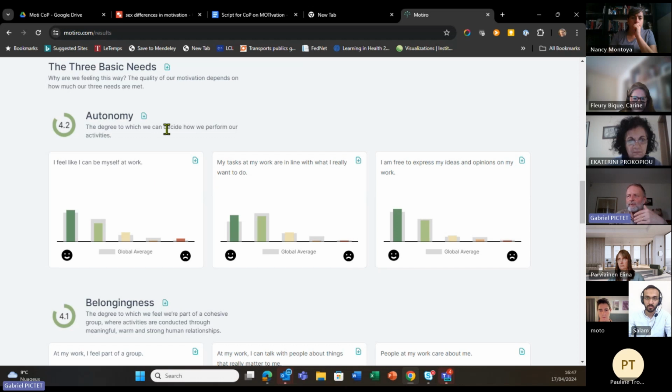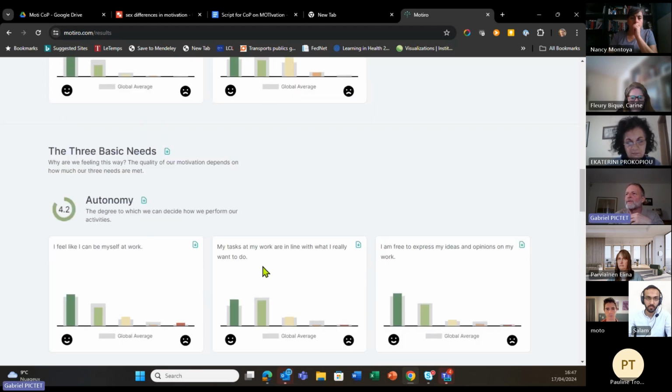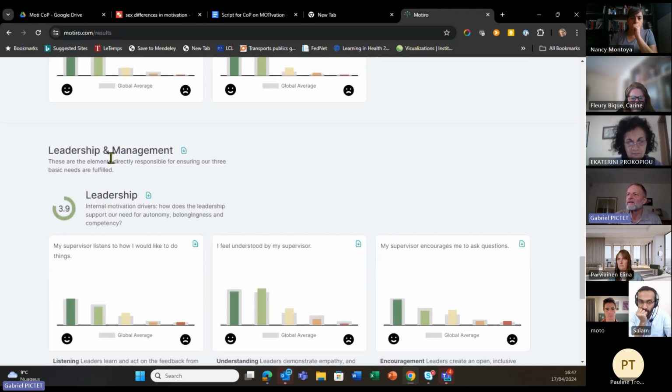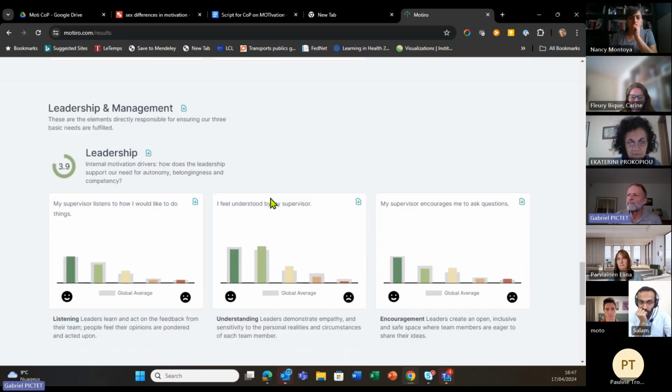If they don't feel autonomous, or if they feel they're being ostracized from the group, then it would take a toll on their mental well-being. But we also know that these 3 basic needs can either be thwarted or encouraged by the supervisor. So we look at leadership. So how does leadership play into this?